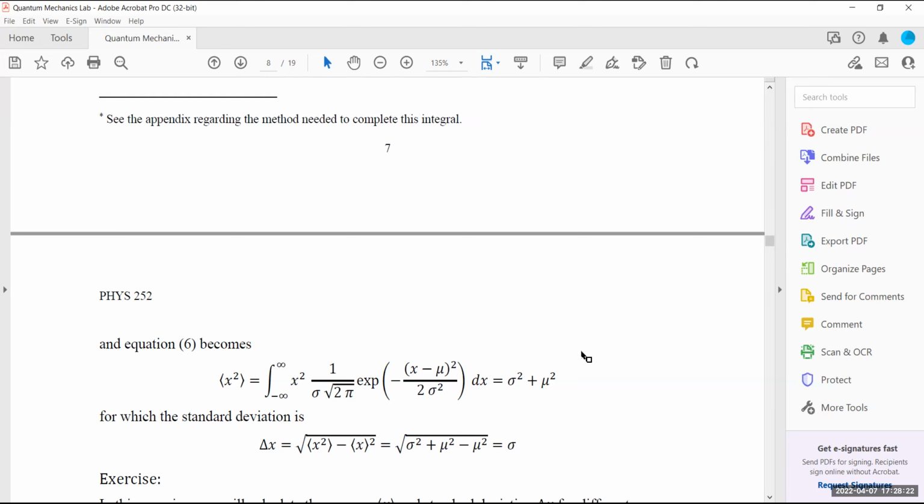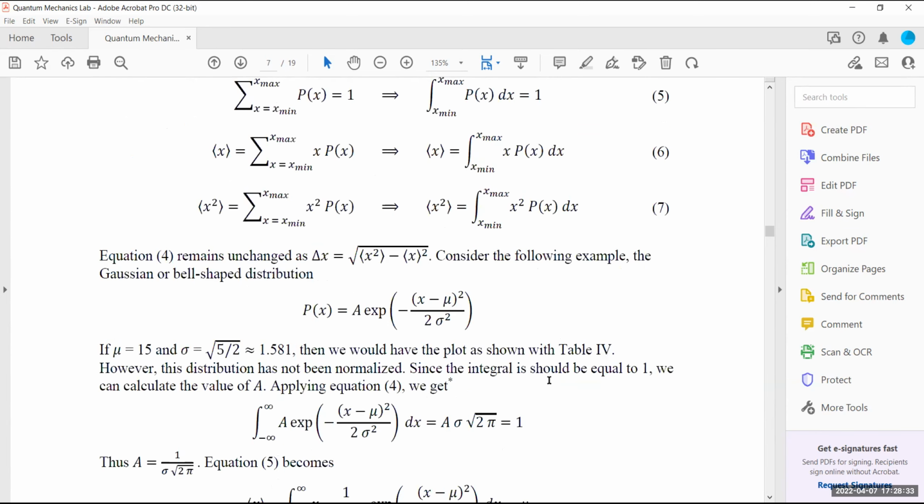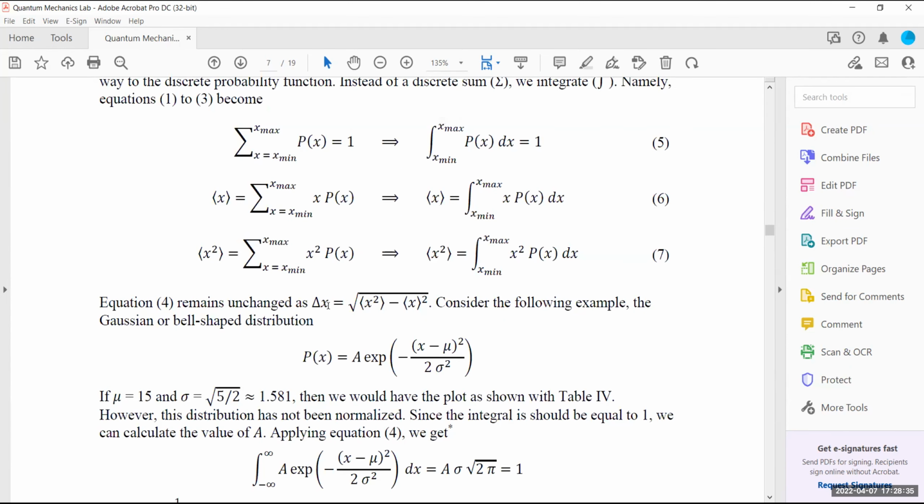Sorry. So again, you're going to get this integral in here. It has to do with the square of the standard deviation and the square of mu. Obviously, if you look at the way that the value in here is written, this is sigma, this is the average of x squared, and this is mu squared. So if you square this expression, you're getting sigma squared equals the average of x squared minus mu squared.